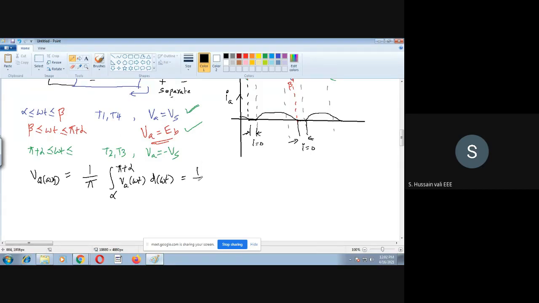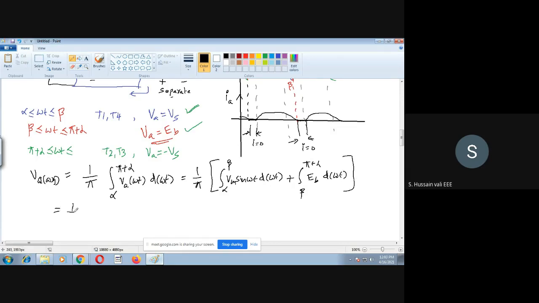Then 1 by pi. Now this alpha to pi plus alpha, we can divide into two durations. That's what I said here: blue color duration, red color duration. The blue color duration is alpha to beta. In that case, VA is the same as VS, so Vm sin omega t, d of omega t, plus now beta to pi plus alpha, it is EB, d of omega t. This you will find out.